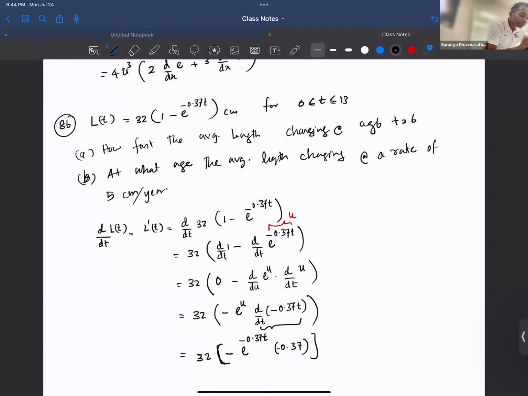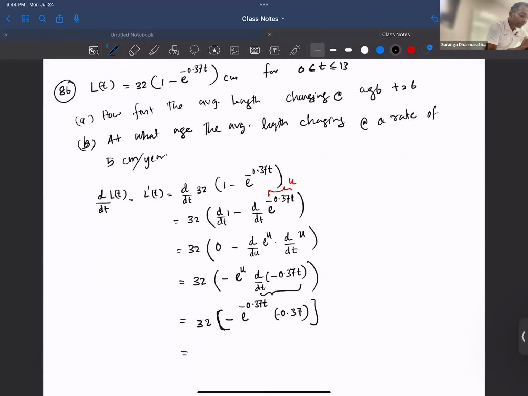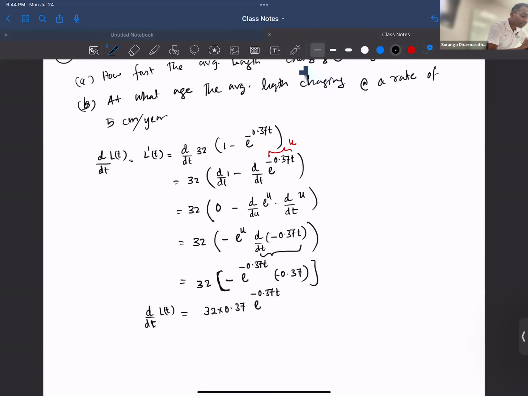Now you can multiply 0.37 times 32. It becomes positive: 32 times 0.37 e to the power negative 0.37t. This is d over dt of L(t).